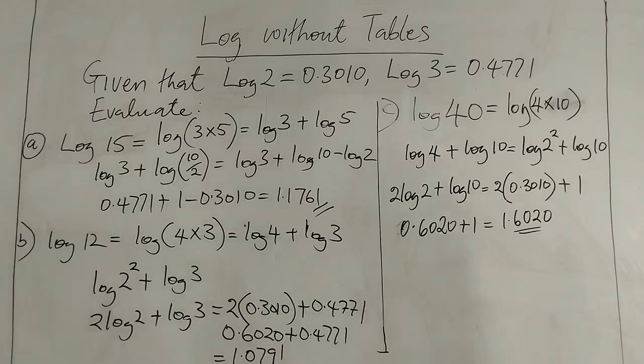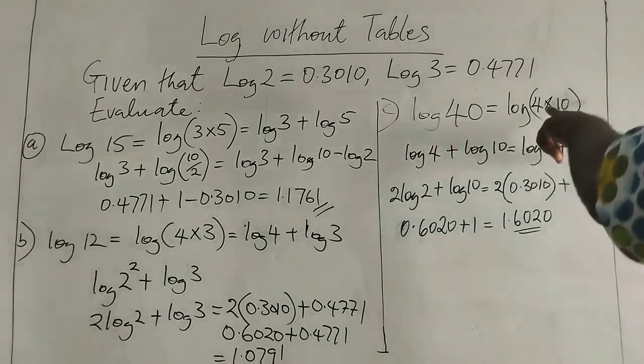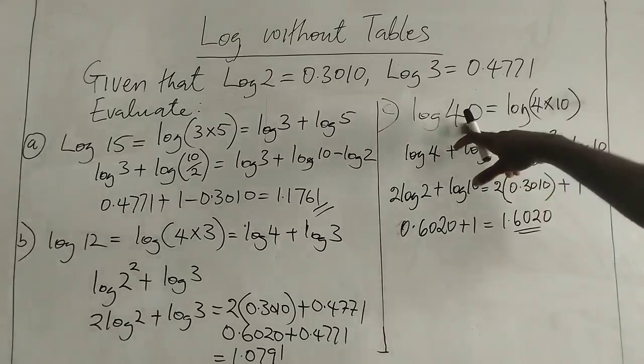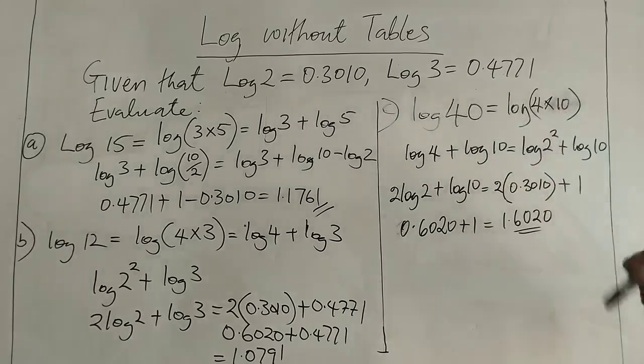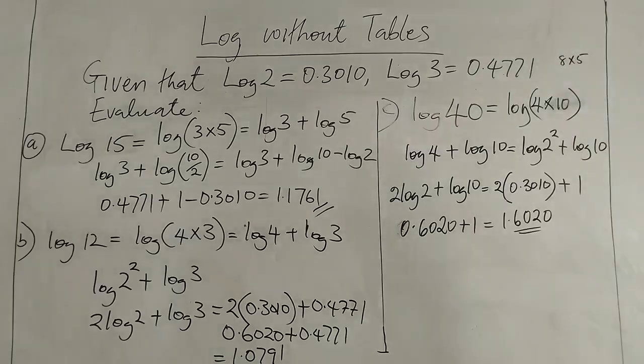Now, a student may decide to use another factor of 40 instead of 4 and 10. The person can use 8 times 5. 8 times 5 can still give you 40. And if you use it, you will still arrive at the final answer.